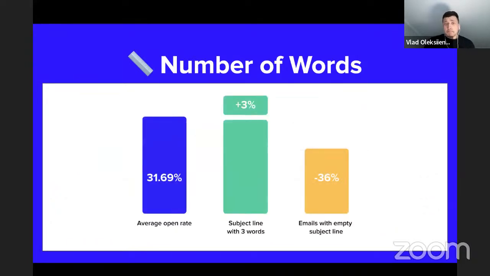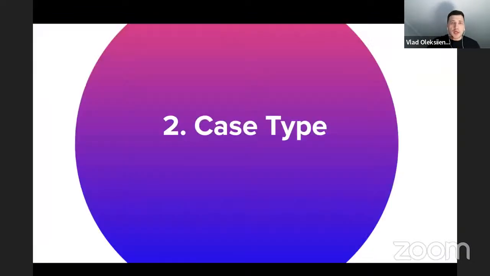The average open rate is 32%, and emails with an empty subject line will lead to a huge decline in your opens. You will get fewer opens by 36% in comparison to an average result.